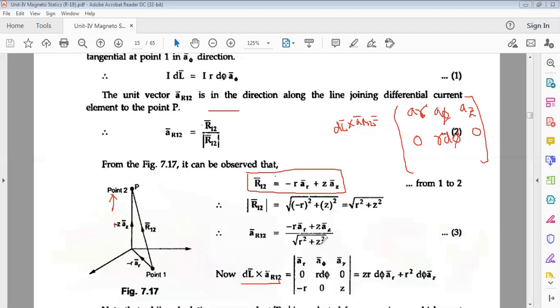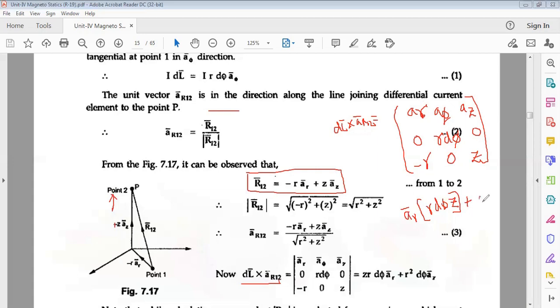For convenience, we keep the denominator aside for now. In the simplification, the r coefficient is minus r, the phi coefficient is 0, and the z coefficient is z. The determinant gives 0, r z d phi, and r d phi into z. You can see here the 0 and here also the 0, both are 0, so we get the a_phi term plus the z term.